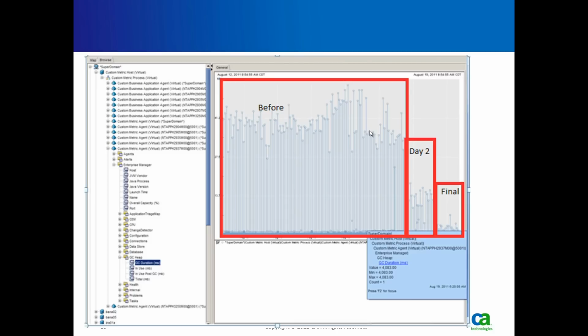The Eden space was just kicking in a few times a second. And you can see the performance of the collector, how bad it got. Obviously, this is being incurred on top of our EM response time.